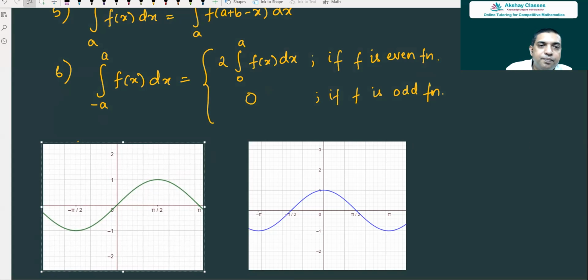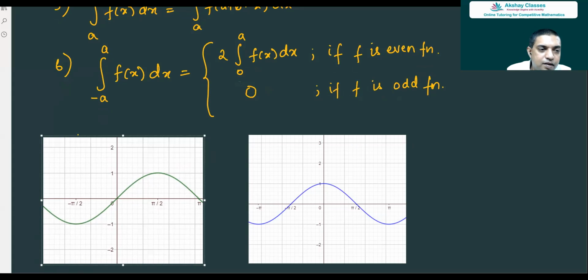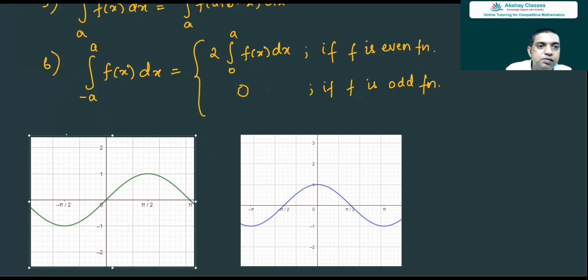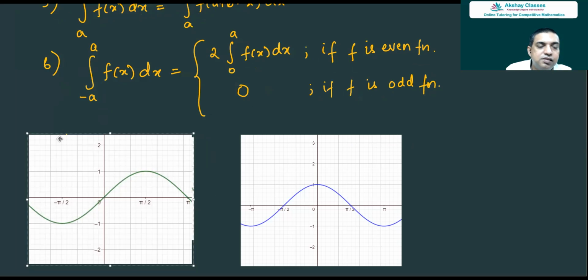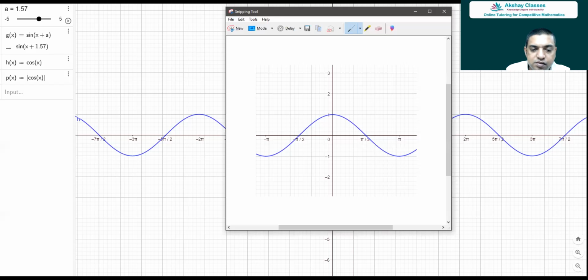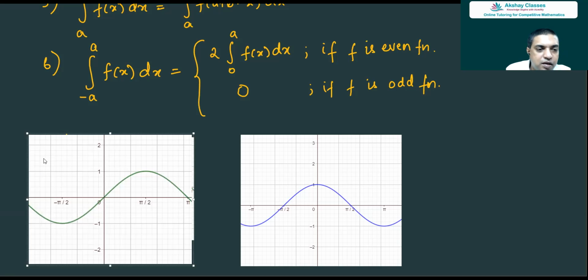Function f of x equal to sin x is an odd function. So integral minus pi by 2 to pi by 2 sin x is an example of an odd function.